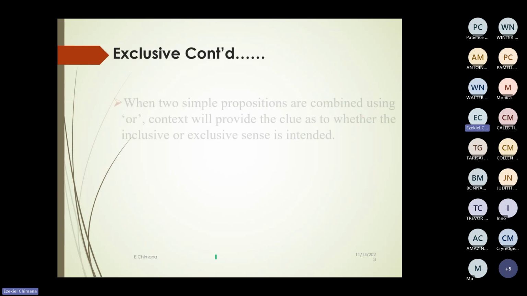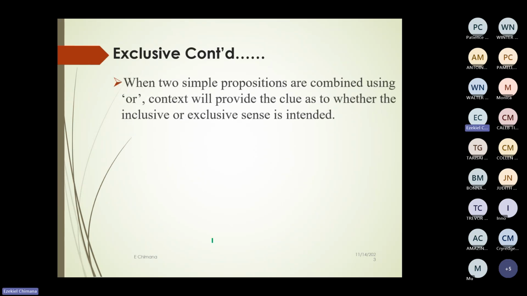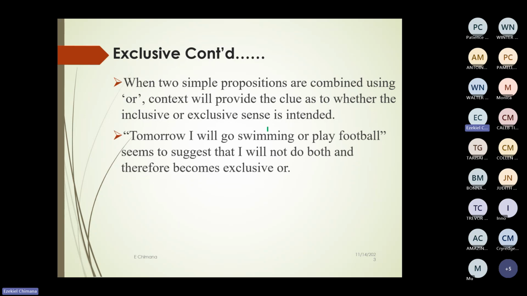Just like that. So when two simple propositions are combined using or, context will provide the clue as to whether the inclusive or exclusive sense is intended. Tomorrow I will go swimming or play football seems to suggest that I will not do both, and therefore becomes exclusive or.